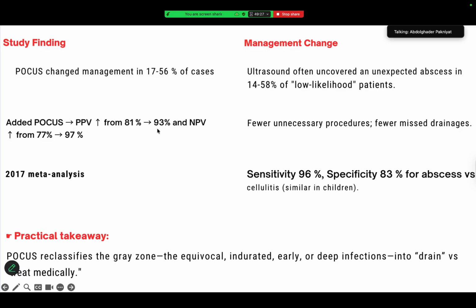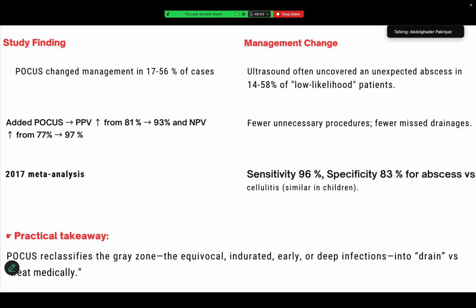If you are doing POCUS, you avoid unnecessary procedures, and actually there are fewer drainages. Sometimes we feel there is an abscess, but when we do the ultrasound, we cannot find one. If you don't do point of care ultrasound for this case, you may go for an unnecessary incision and drainage.